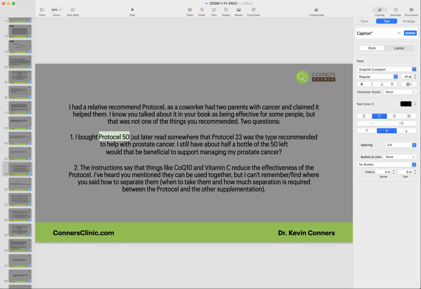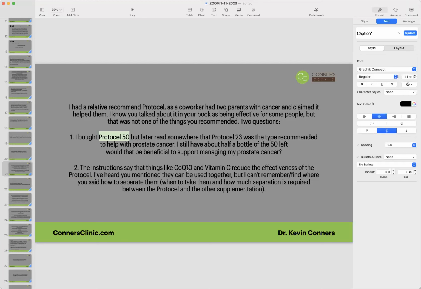The makers of Protocell, and I actually did an interview of one of the inventors of Protocell, but I lost the interview, so I never got it. This was back when I first wrote a book in 2010, actually before that. He recommends that if you're new to cancer and you're going to try Protocell as a therapy, you don't take any antioxidants.